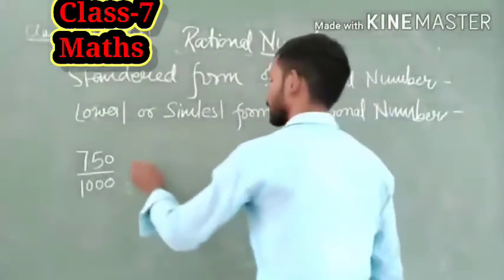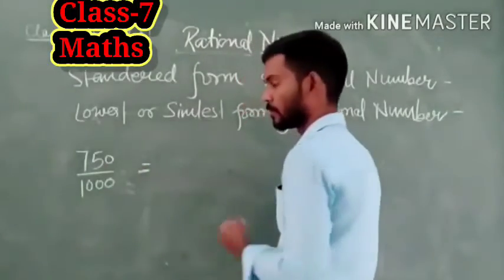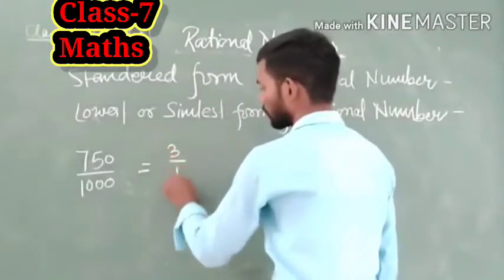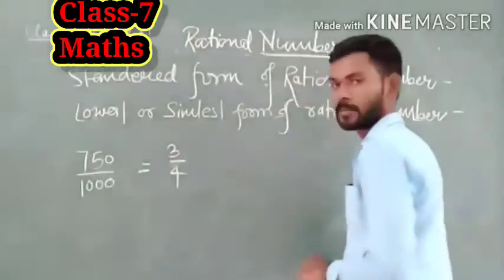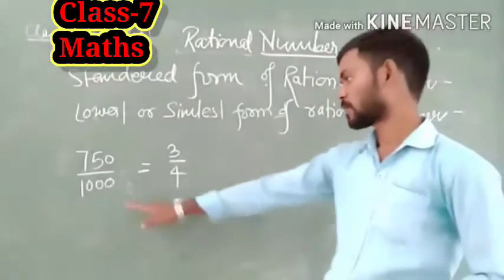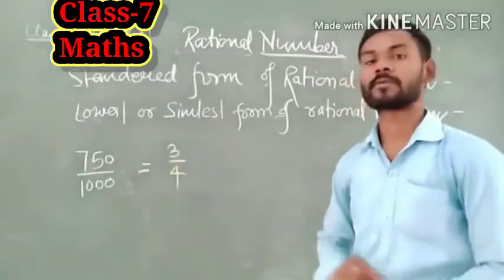So whenever we solve this, we get 3 upon 4.